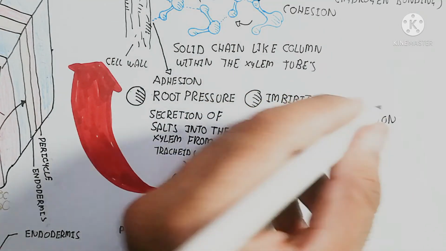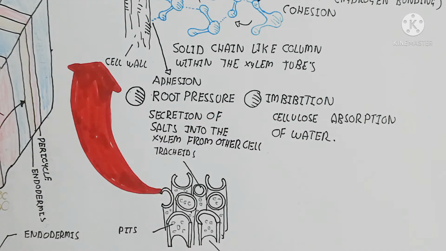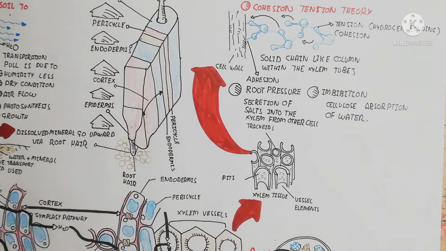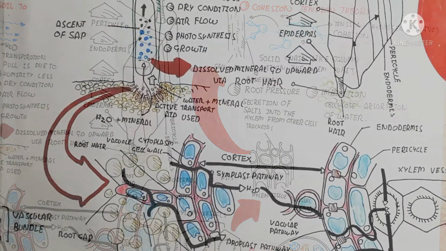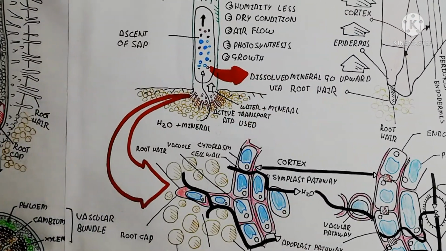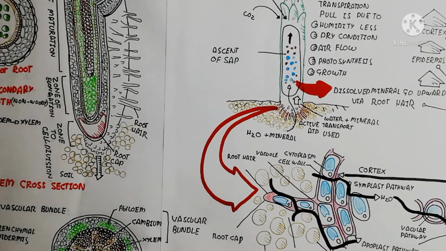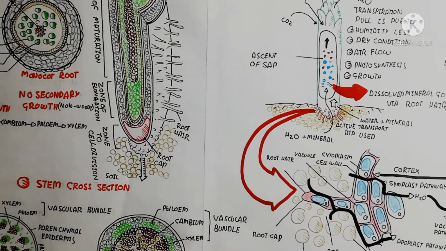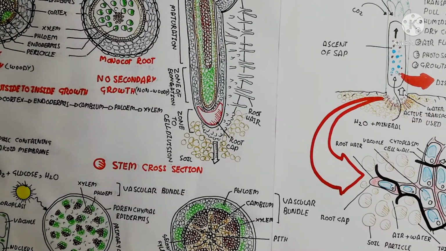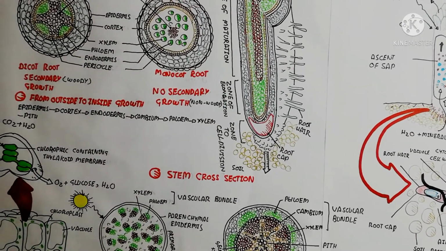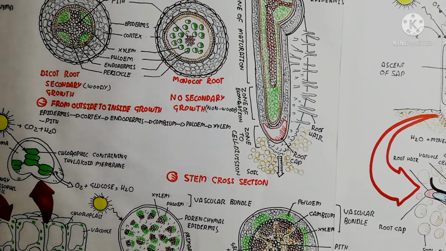On the other hand, root pressure is also used. Root pressure means the root gives pressure, pushing water where there is less water. Imbibition is the secretion of salt into the xylem from other cells, while the cellulose absorption of water is imbibition.